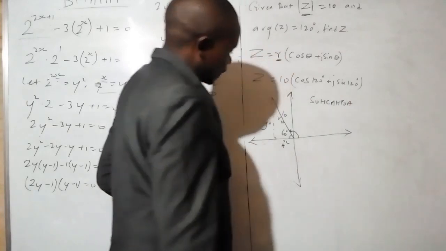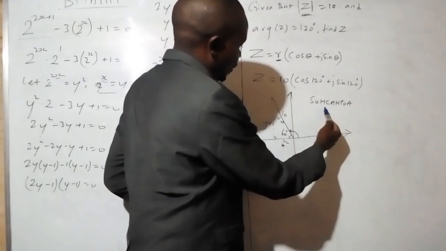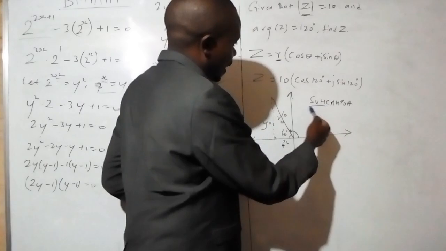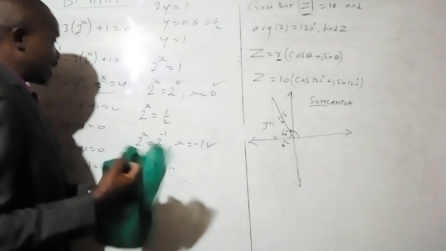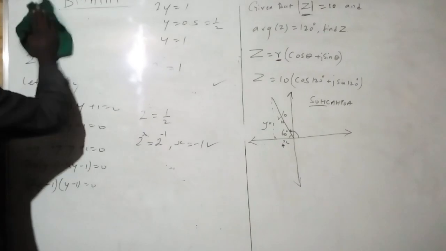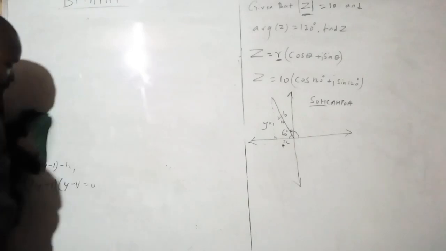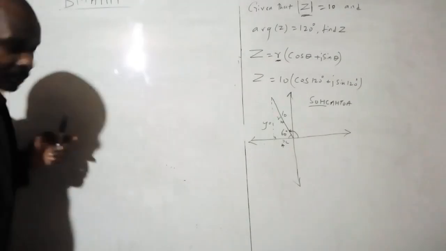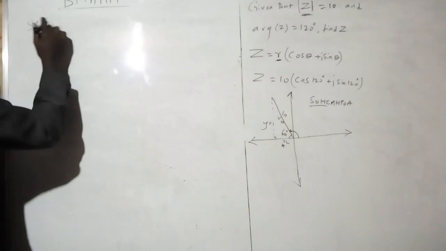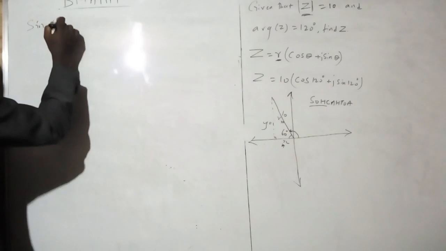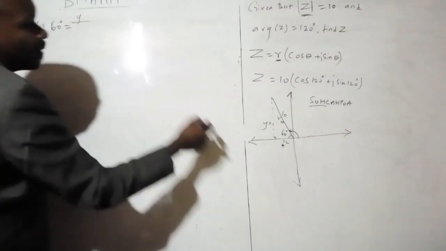Now that we know the angle and hypotenuse, you can just say sine theta, where theta is 60 degrees, is equal to opposite y over hypotenuse, which is 10.